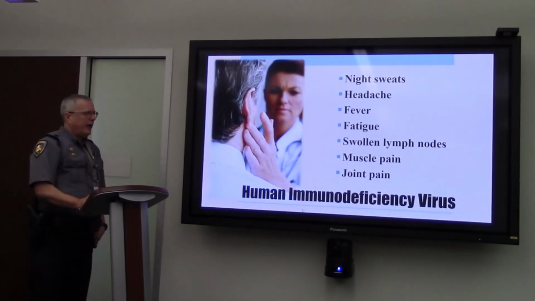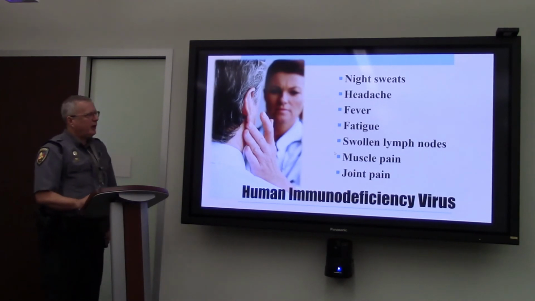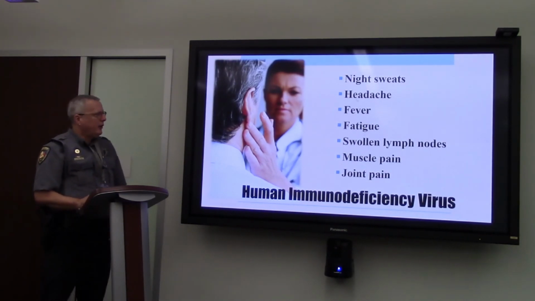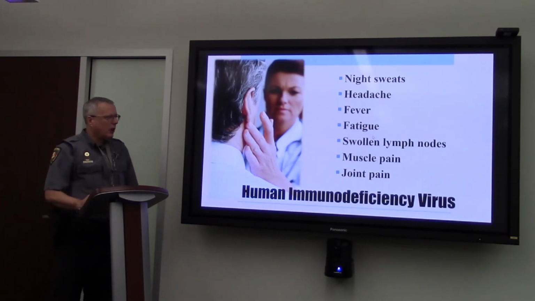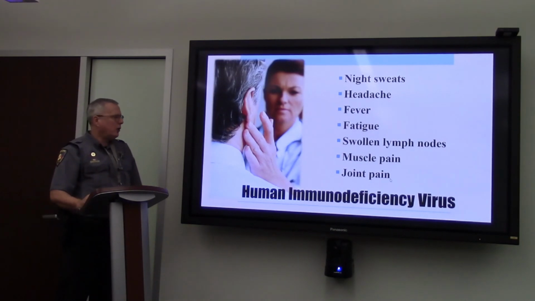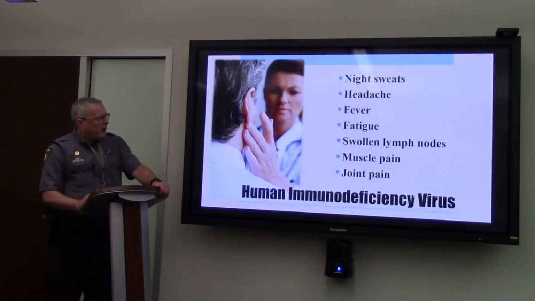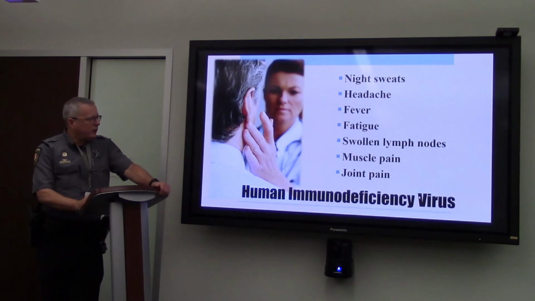But as HIV progresses into AIDS or AIDS-related syndrome, you would have night sweats, headache, fever, fatigue, swollen lymph glands, muscle pain, joint pain. Chronic GI issues, chronic diarrhea is pretty common with it, as are what are called opportunistic infections.